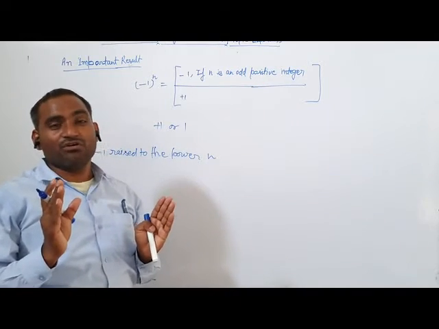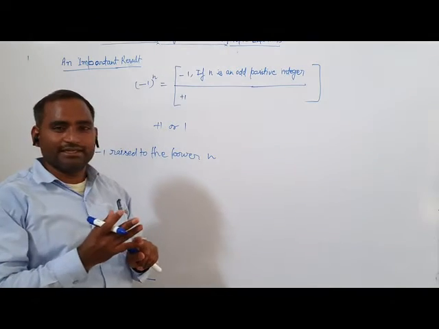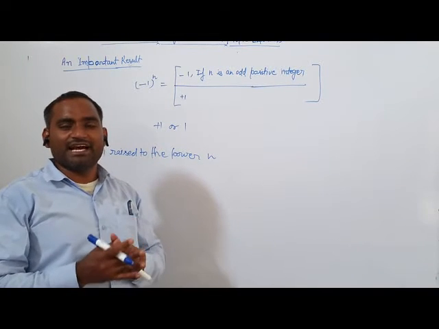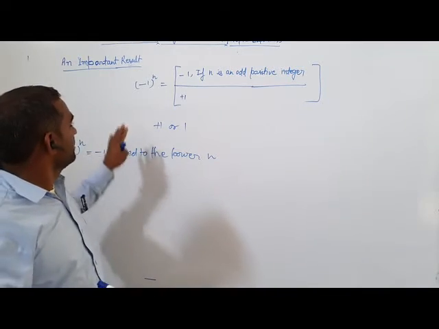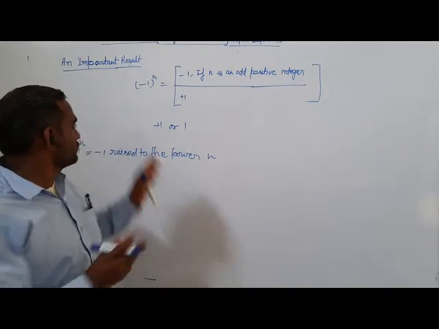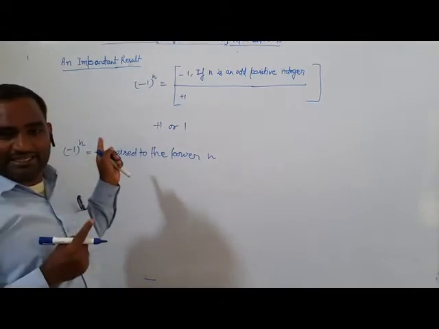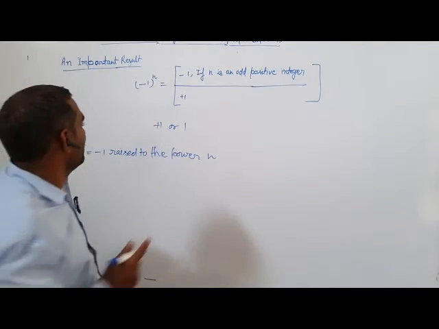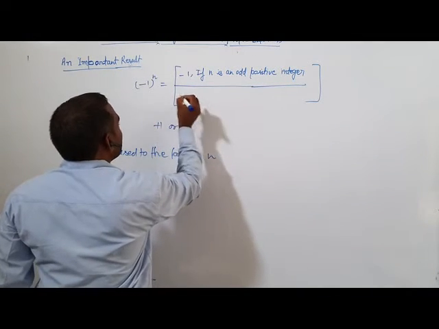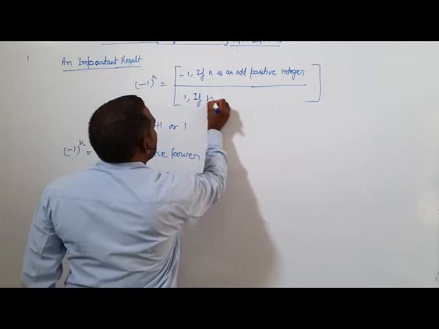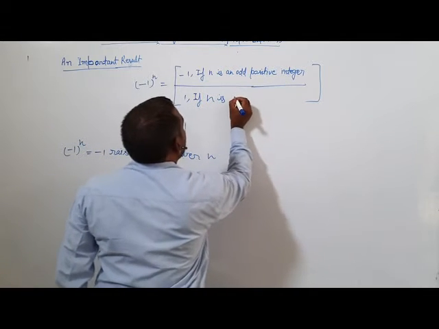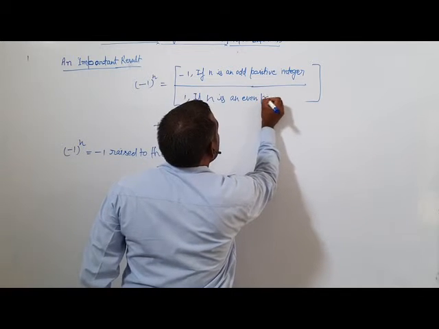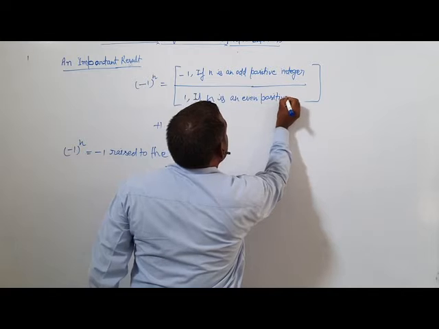What should the value of n be? It should be odd: 1, 3, 5, 7, 9, 11. If the value of n is odd, then in those conditions the value of this will be -1, and the value of this will be 1 if n is an even positive integer.